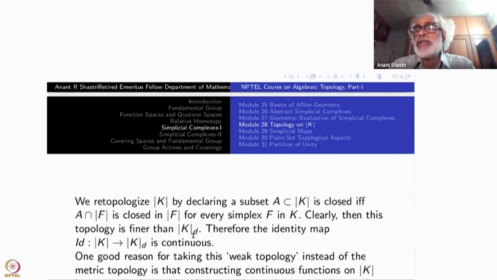The metric topology has certain properties. The mod K is even better. It has more open sets.